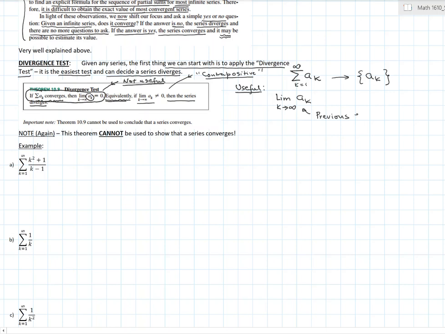In the previous section we learned how to find limits of sequences. So we can find this. Now if this turns out to be not 0, then we know for sure that the series diverges. So this is what it says.